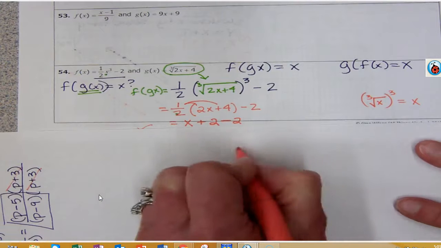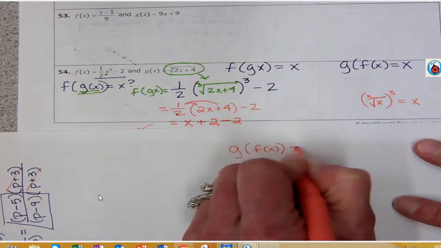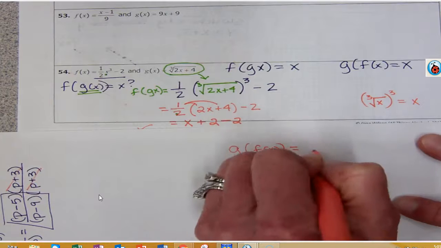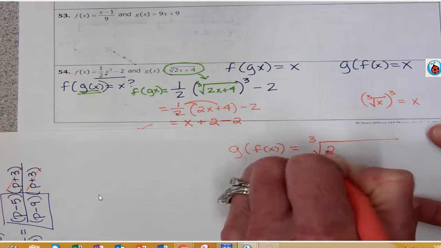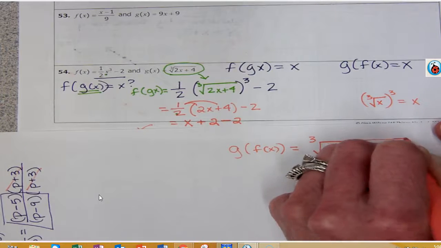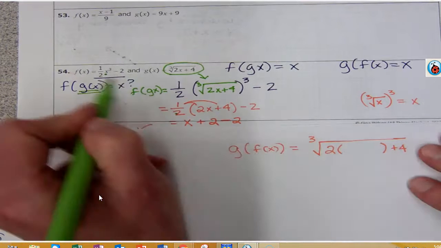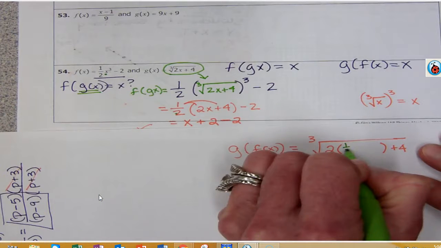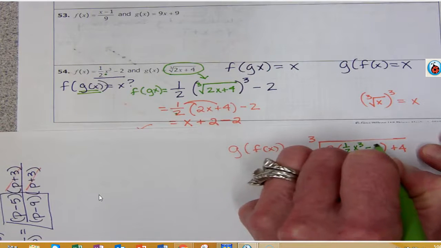If you have g of f of x, my g of x is the cube root of 2 times x plus 4. And for this, we're going to go ahead and insert 1/2 x to the third minus 2.